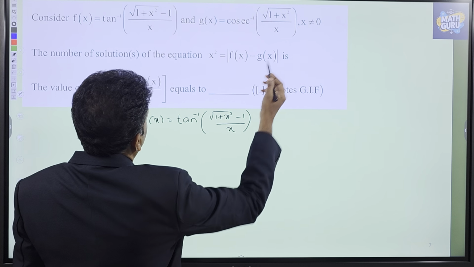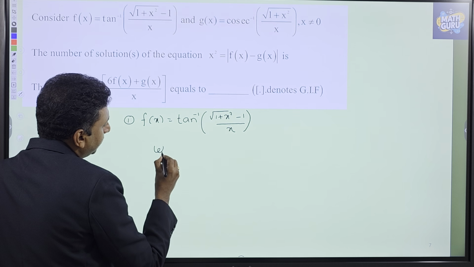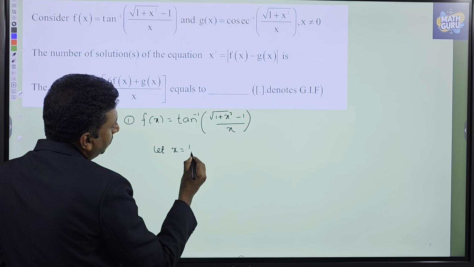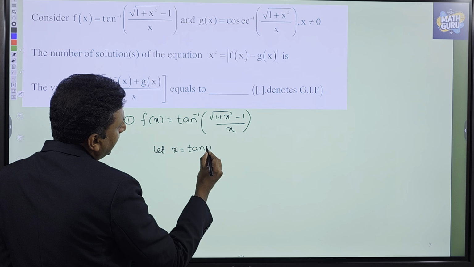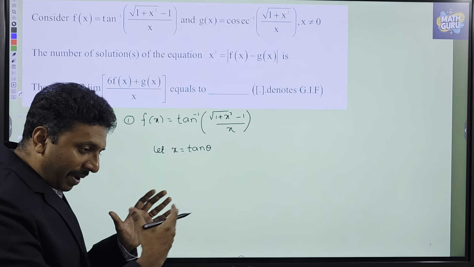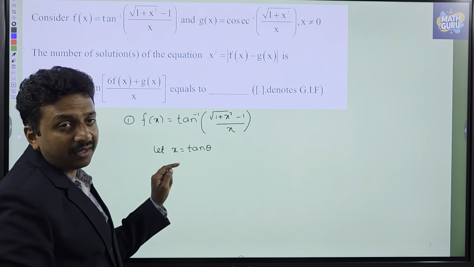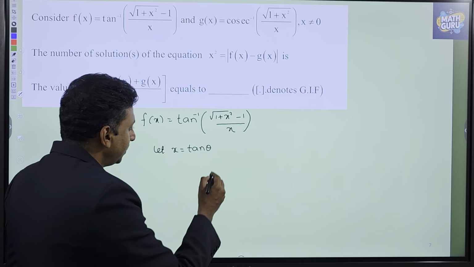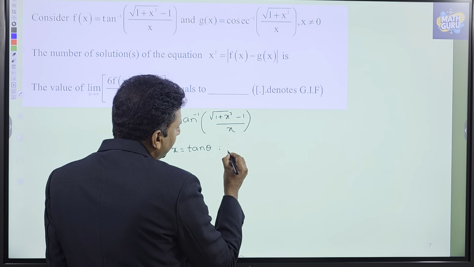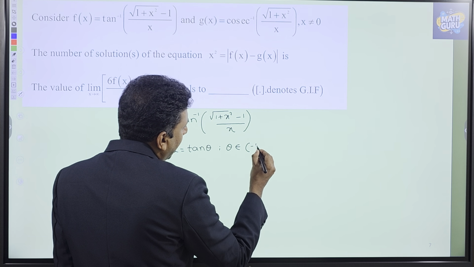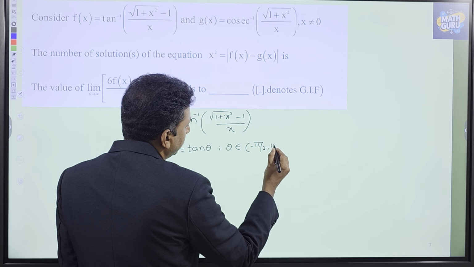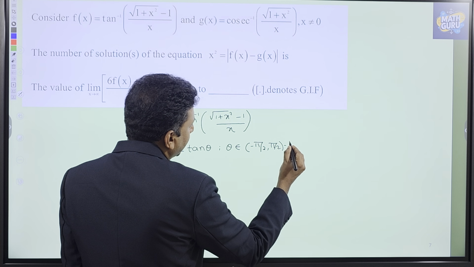So here x is not equal to 0. So let x is equal to tan theta. As x goes from minus infinity to infinity, you can always find some theta for which x is equal to tan theta. So I'll assume theta belongs to minus pi by 2 to pi by 2 except 0.